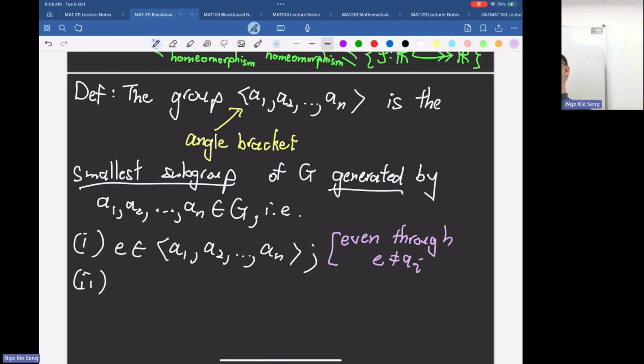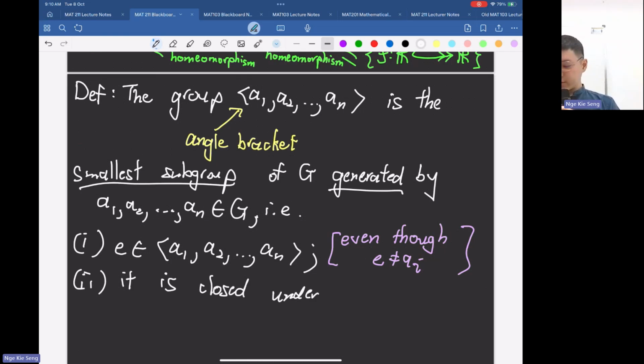By default, if I put angle bracket of something, the identity element is already in there. Does it make sense? So two more things we need to satisfy: it has to be closed under composition, and it has to be closed under taking inverses.